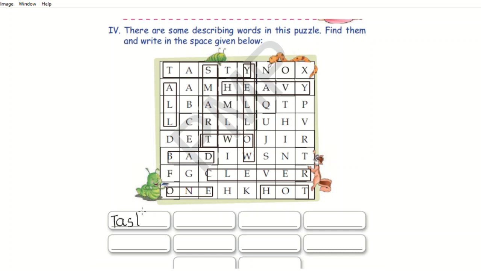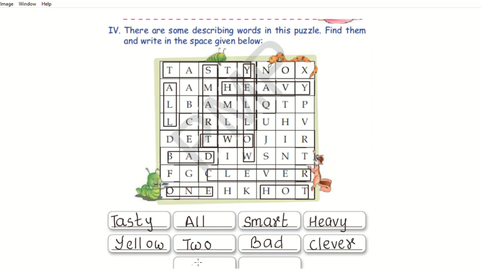Tasty, all, smart, heavy, yellow, two, bad, clever, one, and the last word hot.